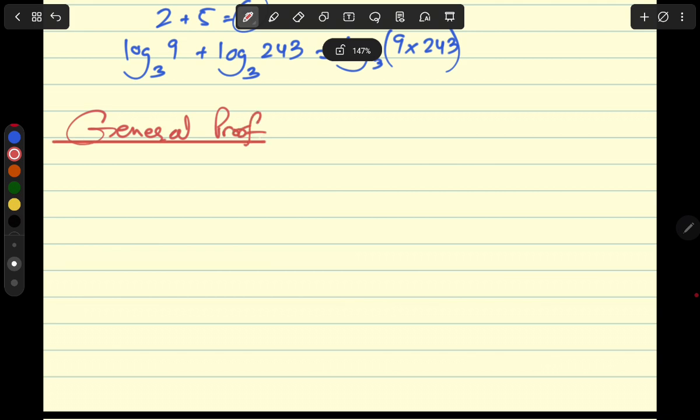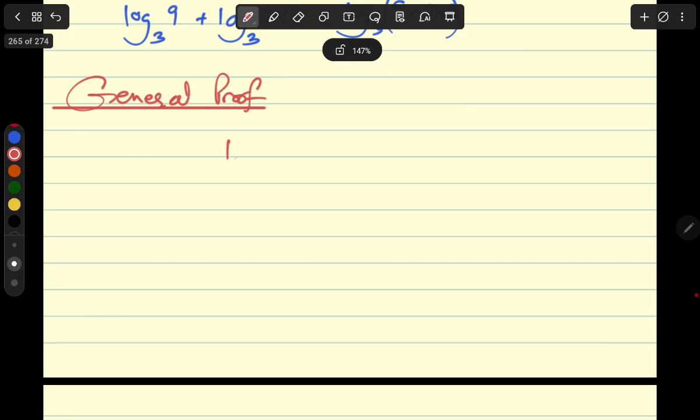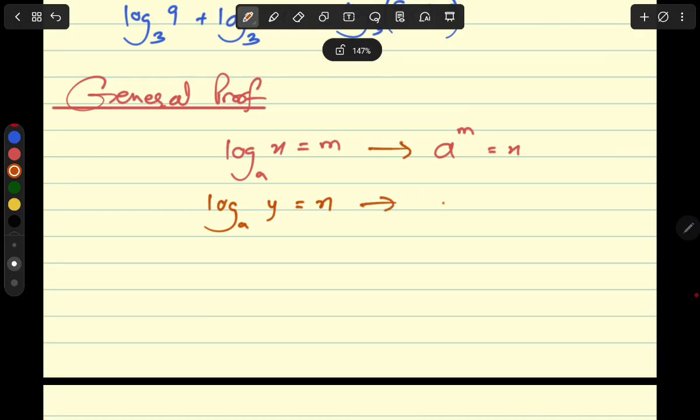Positive numbers, of course. Let log x to the base of a be equal to m. Then in exponential form I can rewrite it as a to the power m is equal to x. And log y to the base of a, let's say it's n, so you can rewrite it in exponential form as a to the power n is equal to y.